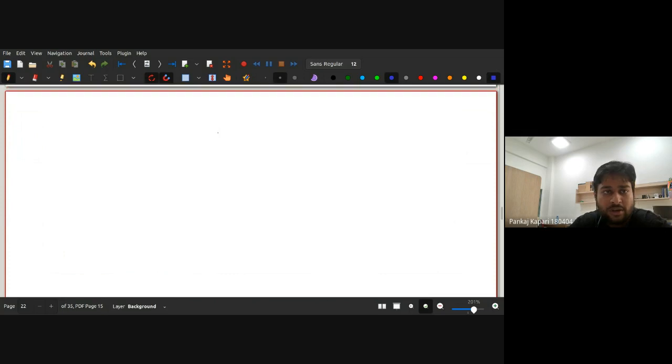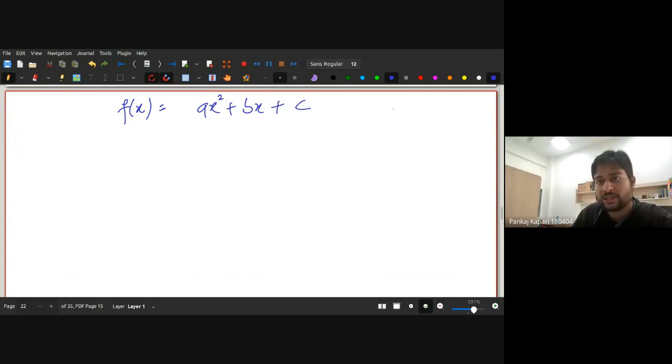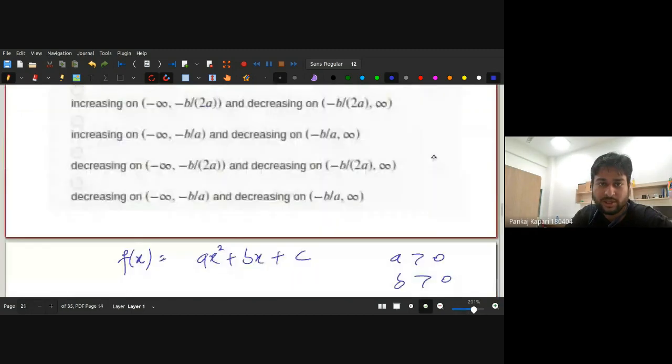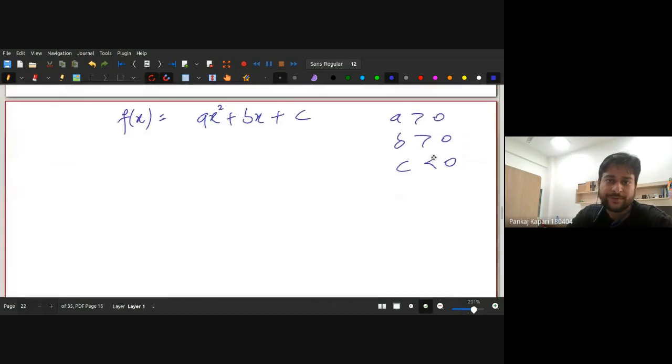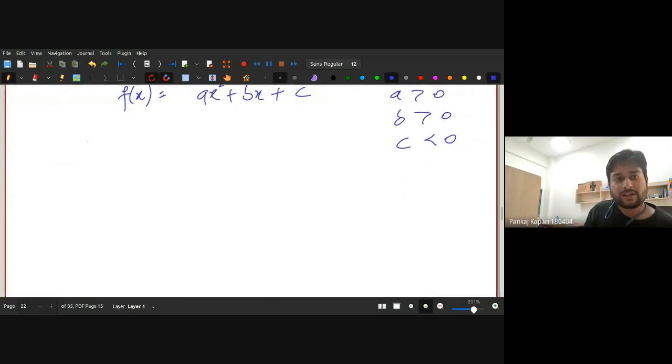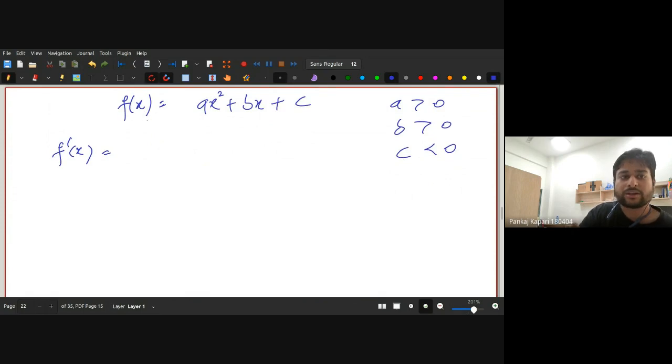So let's find out the critical points of this function. What is our function? This quadratic polynomial ax square plus bx plus c, given that a is positive, b is positive, and c is negative. To find the critical points, compute the derivative and find its zeros, where the derivative becomes 0. What is the derivative?